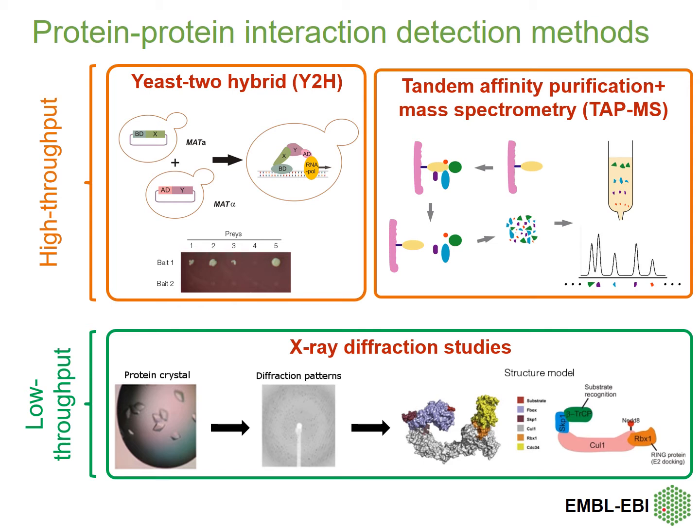And then you can make a model here, and this is a multi-protein complex that they crystallized, and now they define the different proteins under different conditions, and you end up getting a structural model that way.